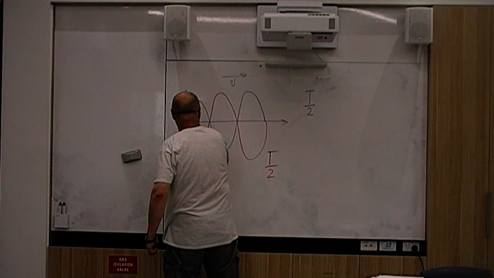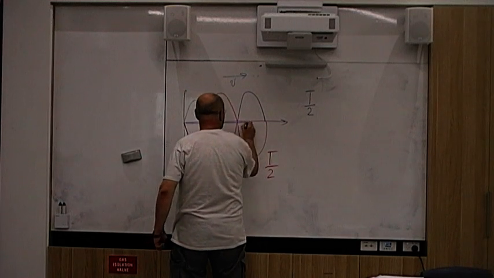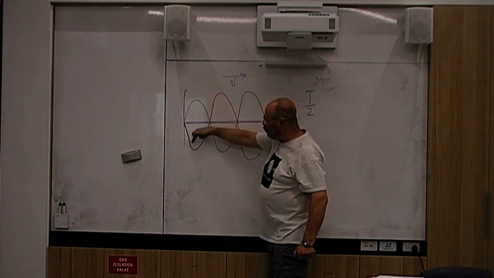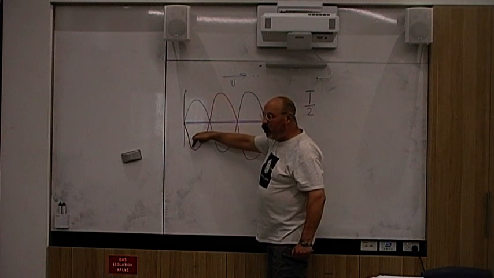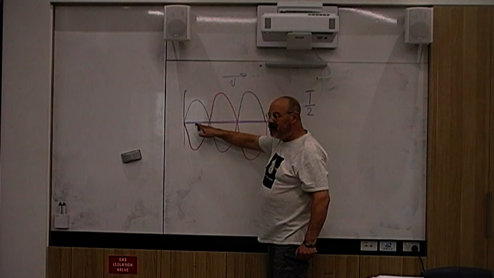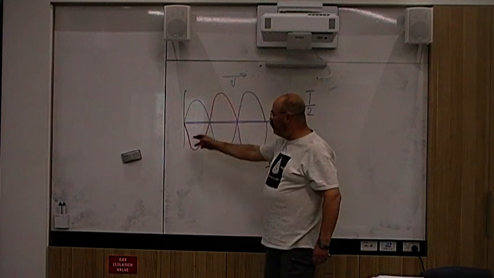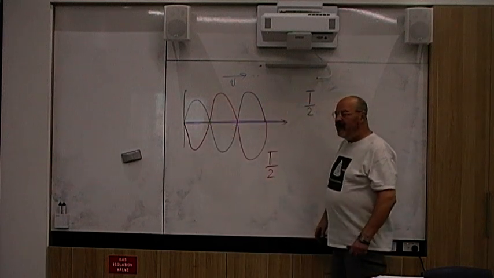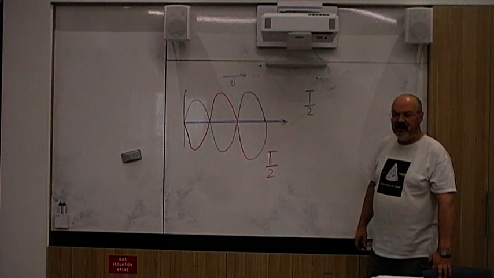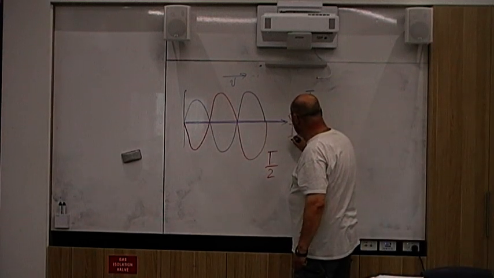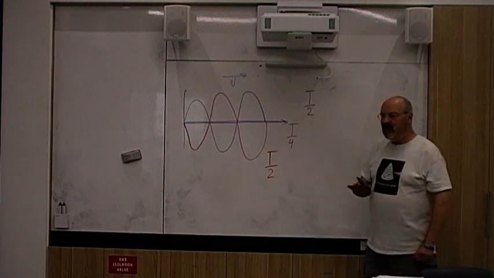It will be a straight line. Why is it straight? Because if this is half of the period, from this point it gets to here, and in a quarter of the period it will be just here. This point will get here, and in a quarter of the period you will see just a straight line. That will be a quarter of the period later on. Does that make sense? Yes.